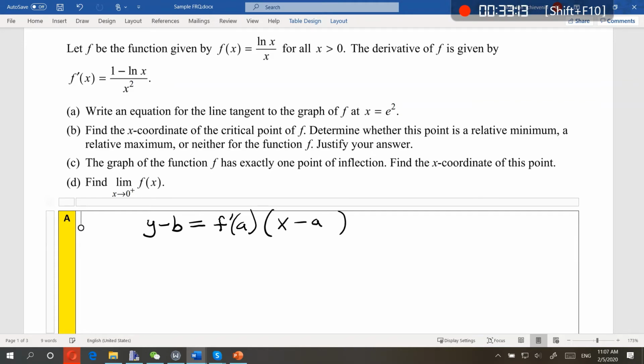So I need one point (a, b), and then we need to find the derivative at that point. I was told what the point should be, x equals e squared.